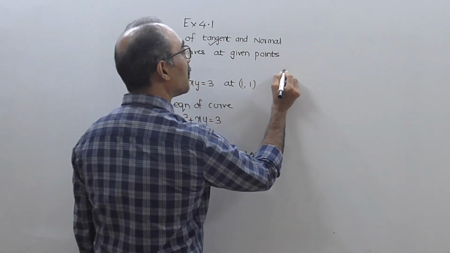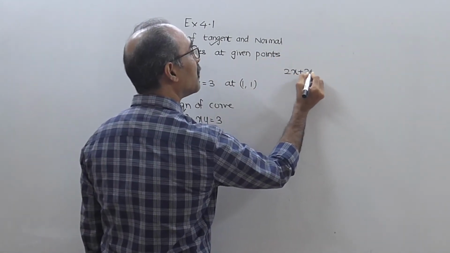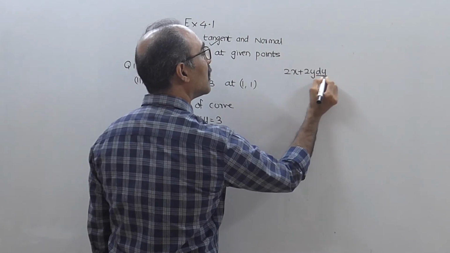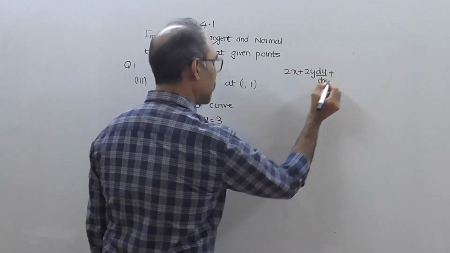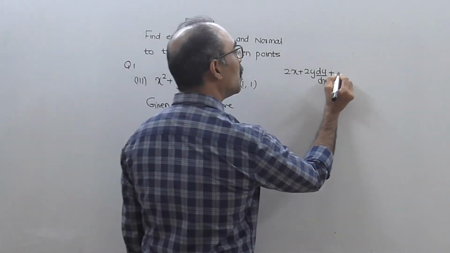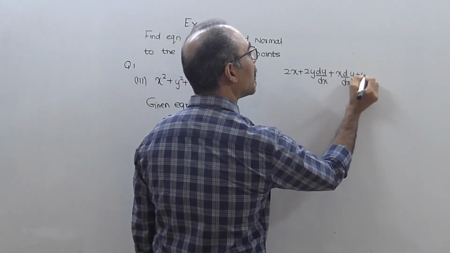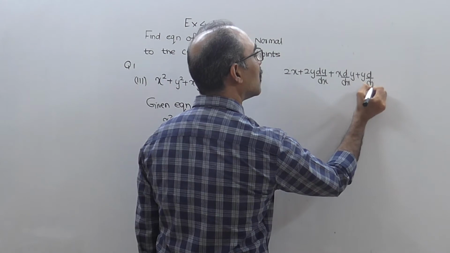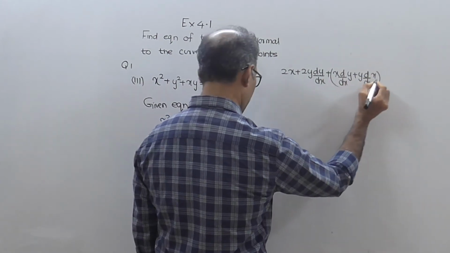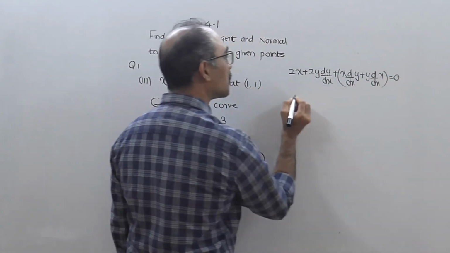The derivative of x square is 2x, derivative of y square is 2y dy by dx. xy is to be done by u into v, meaning x d by dx of y plus y d by dx of x, and the derivative of 3 will be equal to 0.